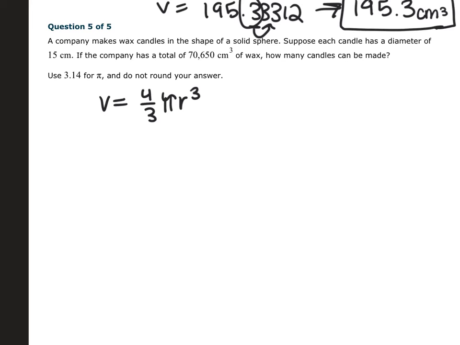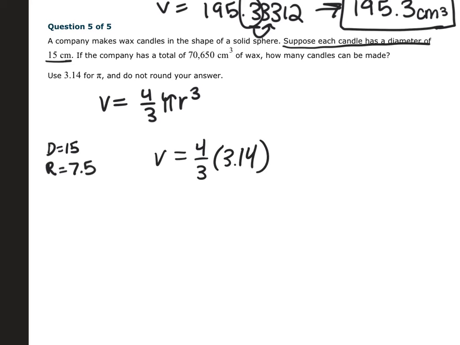I just need to find out what my radius is. In this problem, it tells us the candle has a diameter of 15. So if my diameter is 15, my radius is half of that, that's 7.5. And we'll plug in what I know. V equals 4/3 times 3.14 times 7.5 cubed, up to the third power.